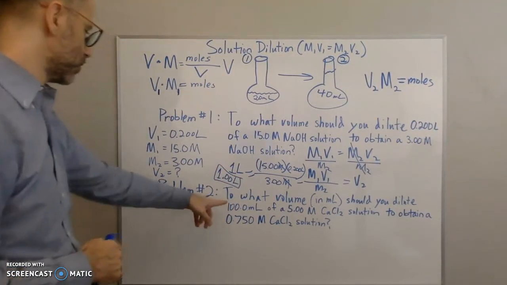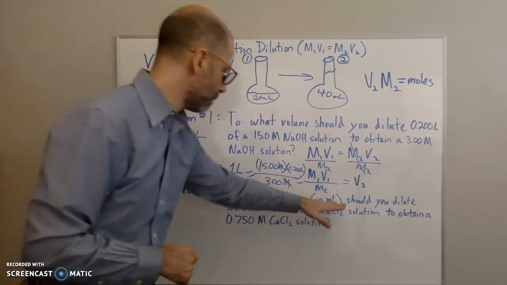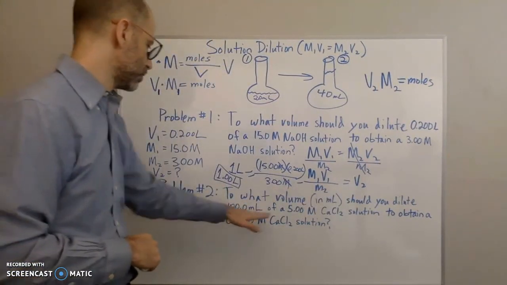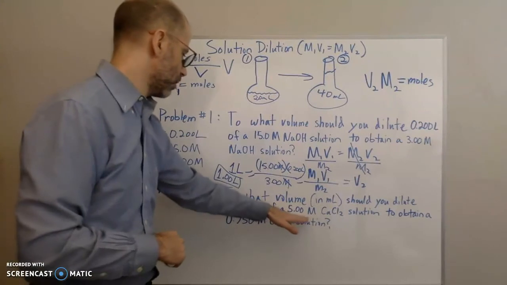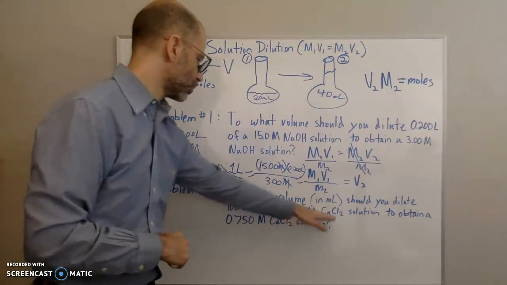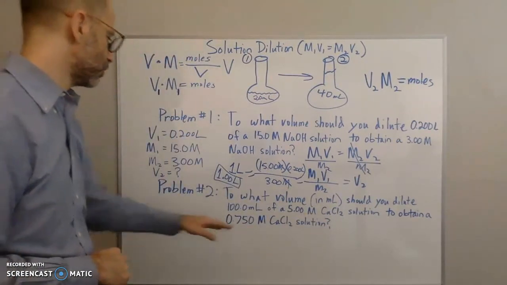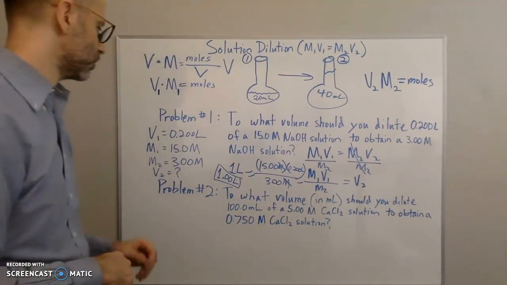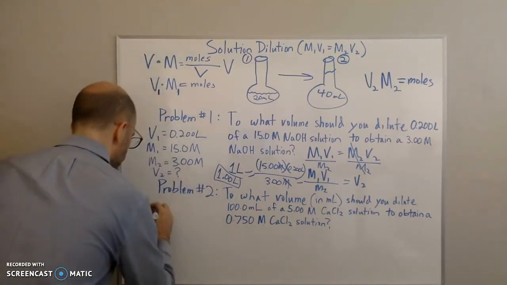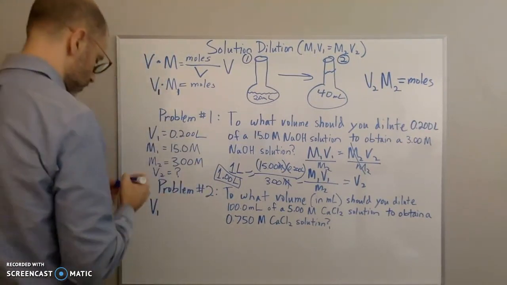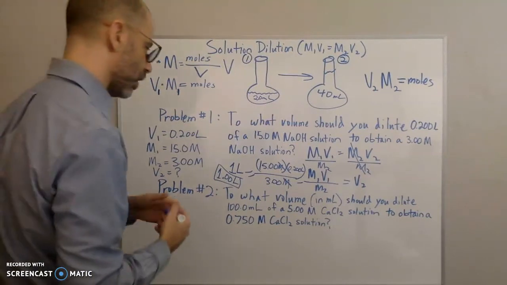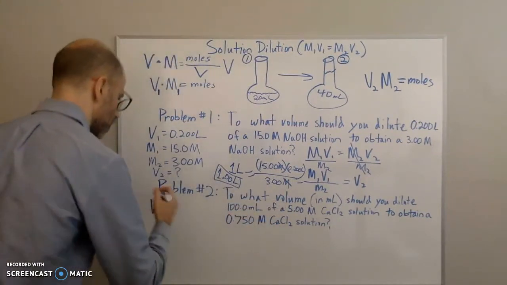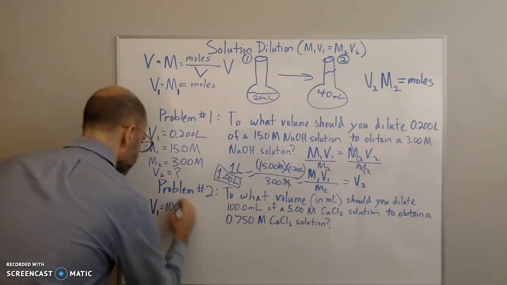All right, let's look at here. So to what volume in milliliters, now we want milliliters, should you dilute 100 milliliters of the 5.00 molar calcium chloride solution to obtain a 0.75 molar calcium chloride solution? So what's our volume? To what volume? That's going to be V2. Our starting volume V1 is 100 milliliters.